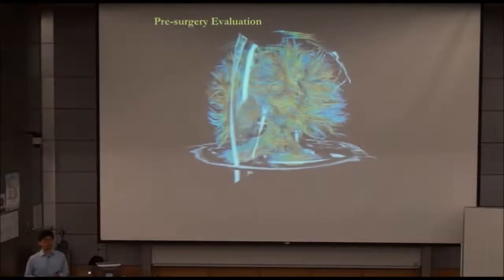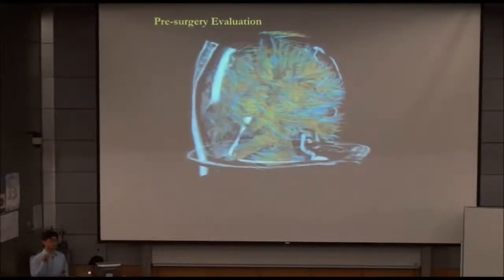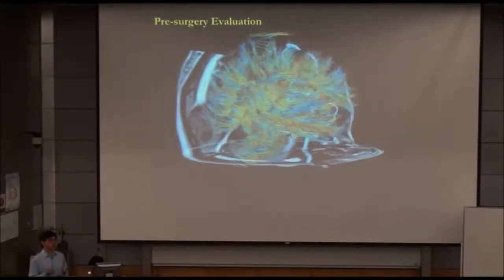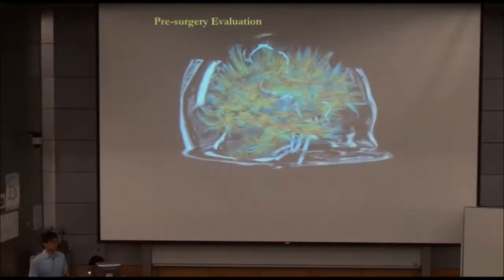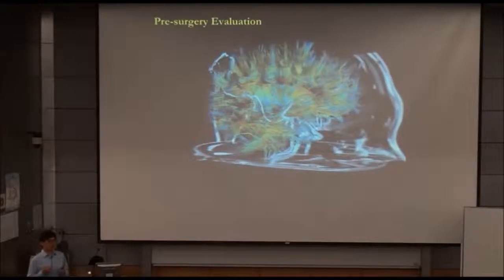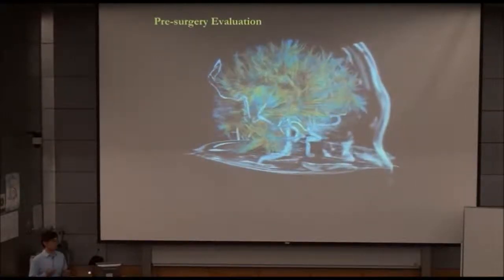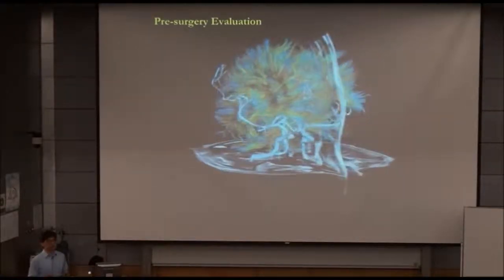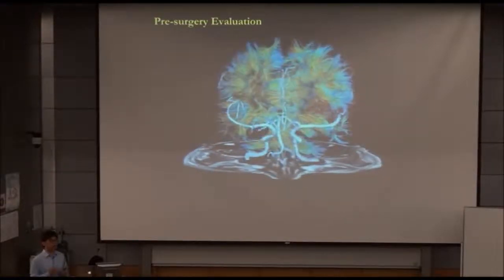For example, some patients have the brain tumor located at the motor area, but their motor function is still there. The most important issue is that the patient still keeps their motor function after the neurosurgery. So the idea is to know the relationship between the brain tumor and the neural tracts. In this way, we can have a very good neurosurgery plan.